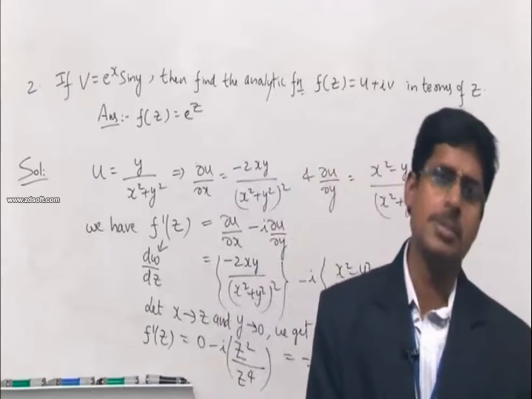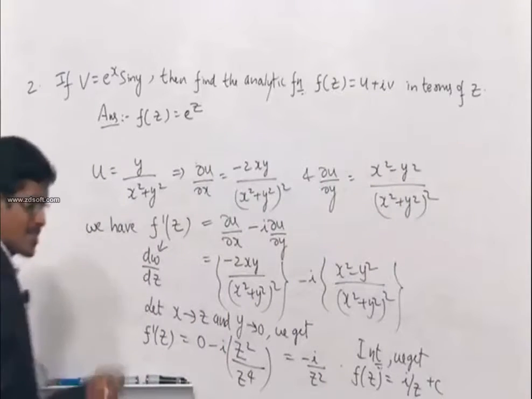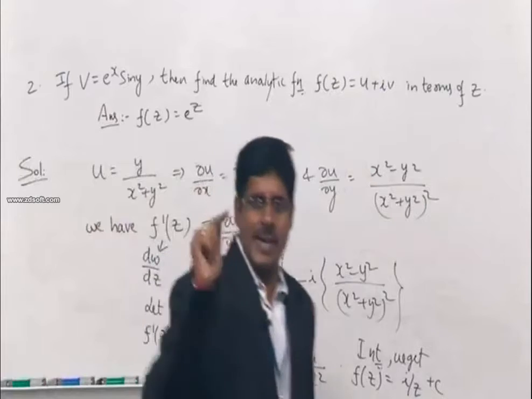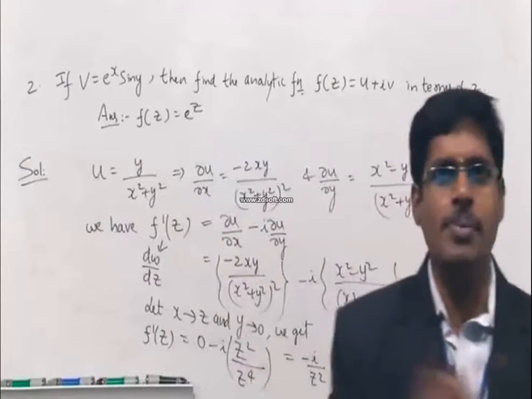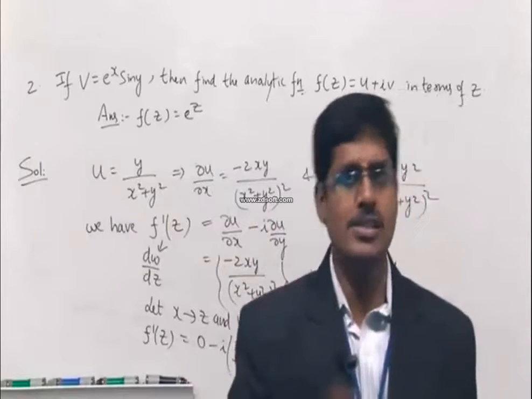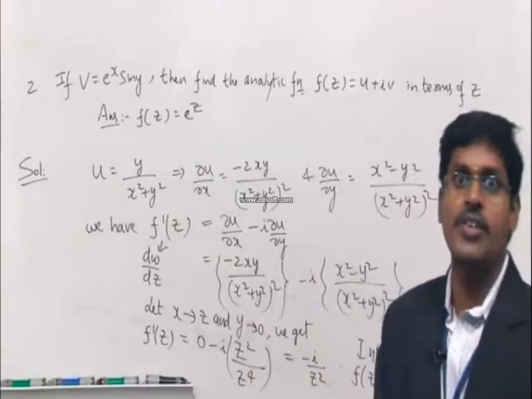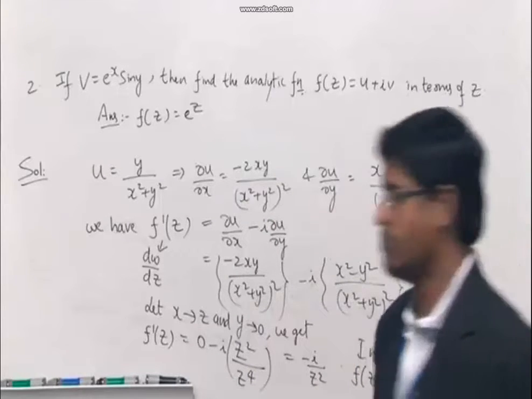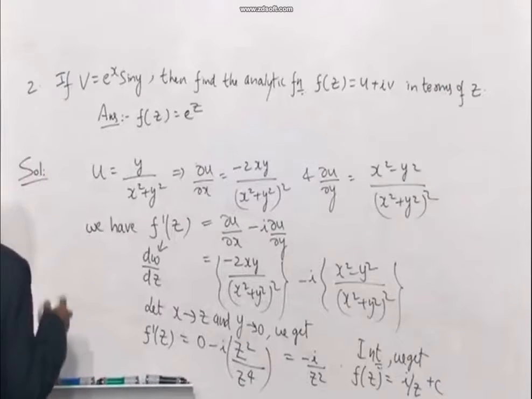U is the real part, v is the imaginary part. Both families of curves form an orthogonal system, intersecting at an angle of 90 degrees. Please remember that point. Sometimes there are questions like that.